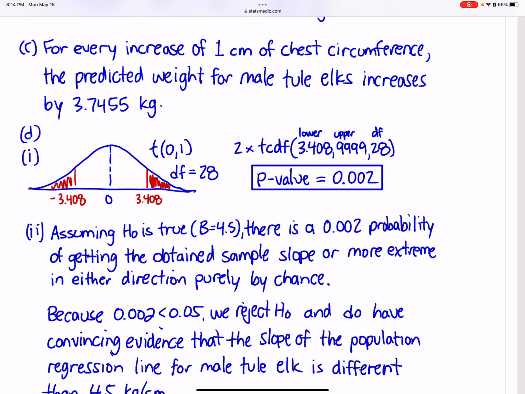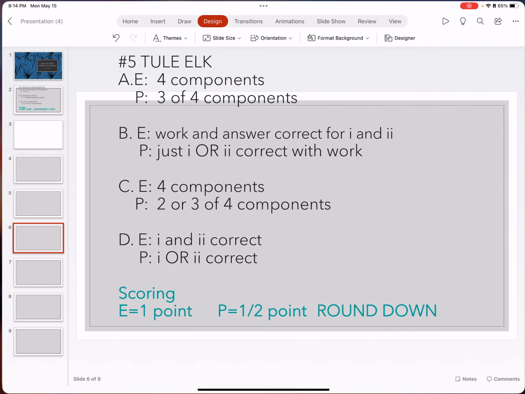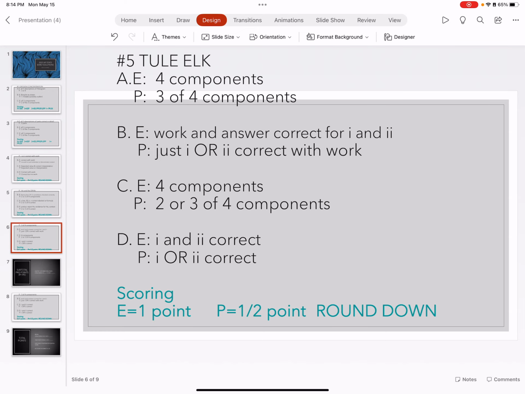So all 4 of those components would be the E, and 2 or 3 of those would get you a P.